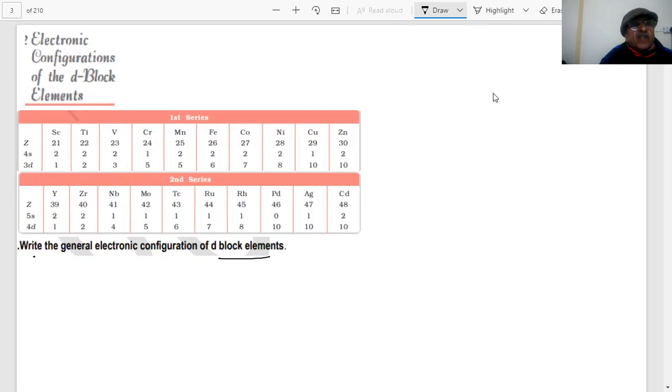I am saying 3d series, students. This is the first transition metal series. The atomic number you can see, scandium is how much? 21.